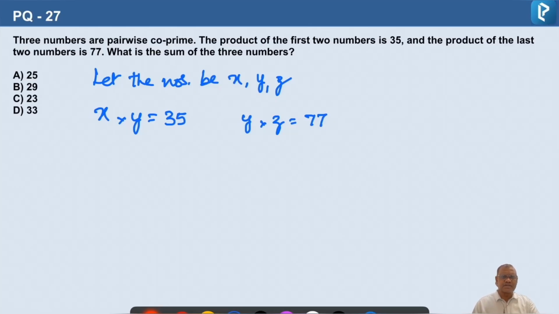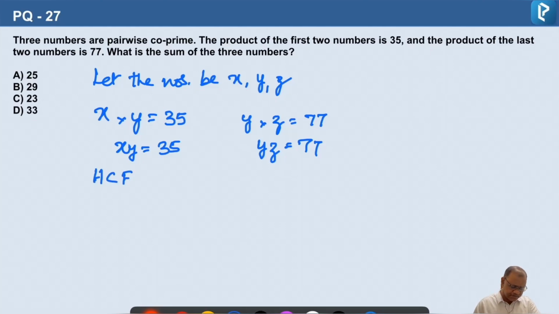Now for xy and yz, the HCF is y, because the common part is y.